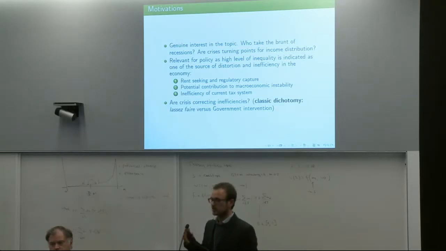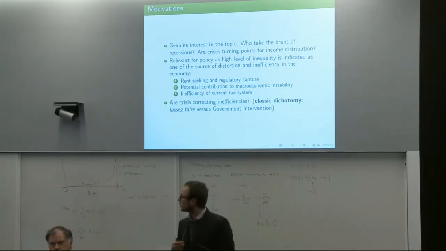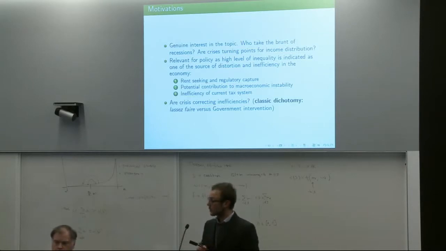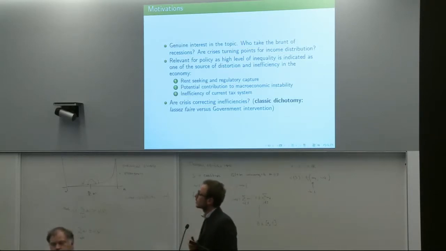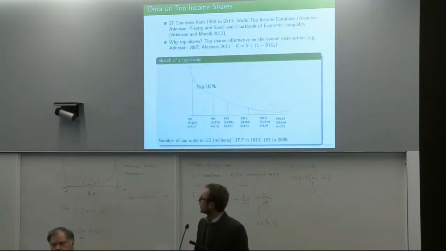We can use another classic dichotomy, market versus government intervention, and ask whether systemic banking crises are correcting this inefficiency or not. As I said, we'll be using the top income shares.